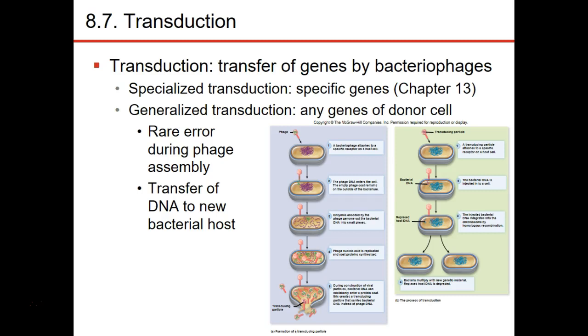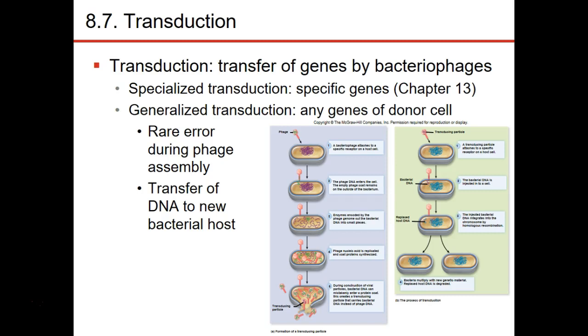Specialized transduction is where we're choosing the genes, so we're making the bacteriophage, choosing the genes within that we want the bacteriophage to pick up, and then we can infect cells with those specific genes. So that's specialized transduction. Generalized transduction takes any genes.